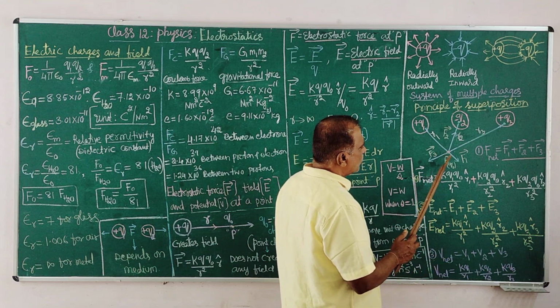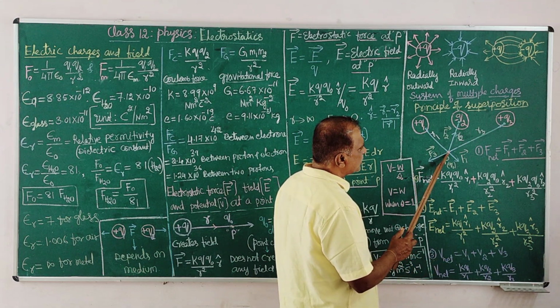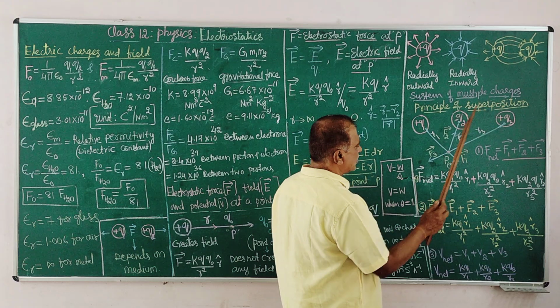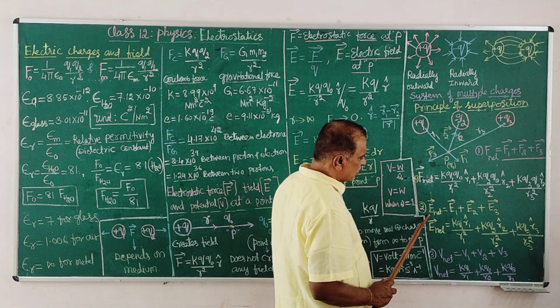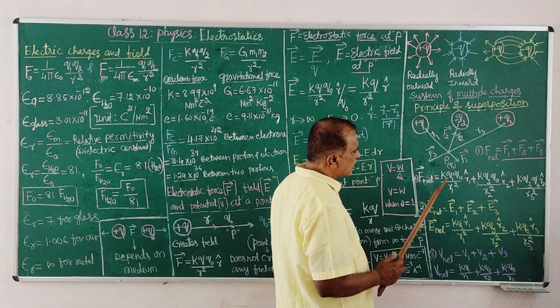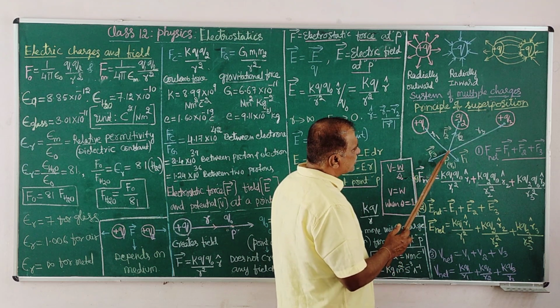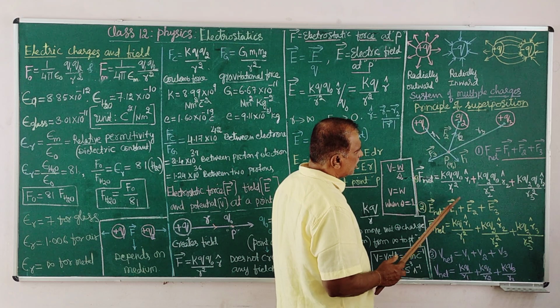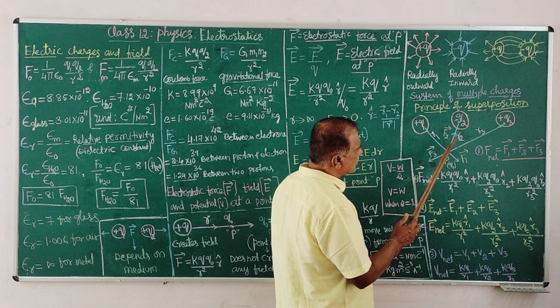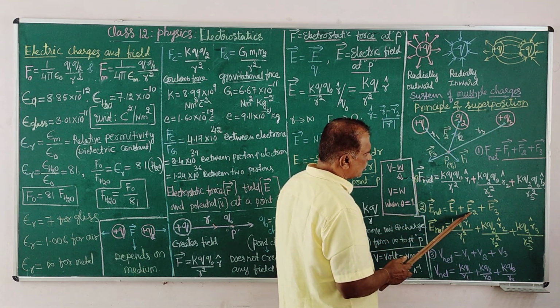Similarly, the electric field at this point because of these charges is the vector addition of the electric fields. The electric field at this point by this Q is E1. The electric field at this point by this charge is E2.